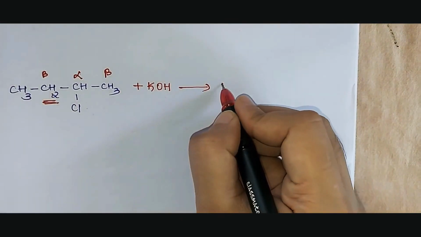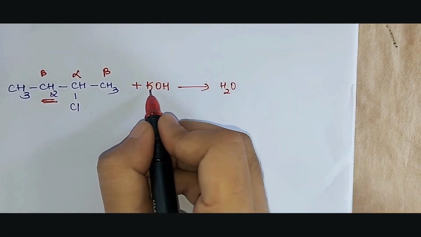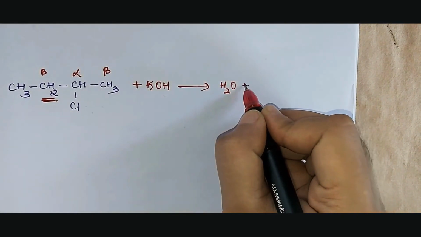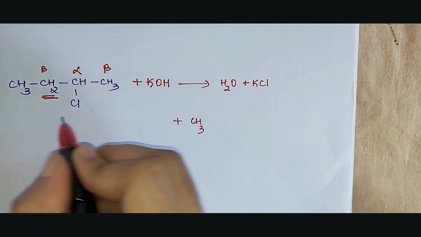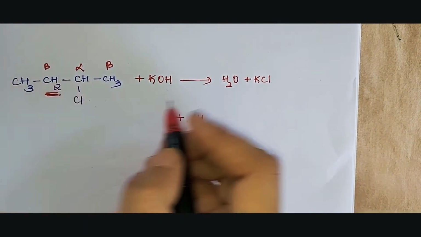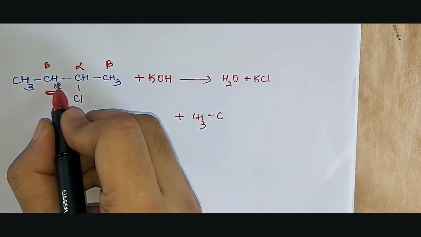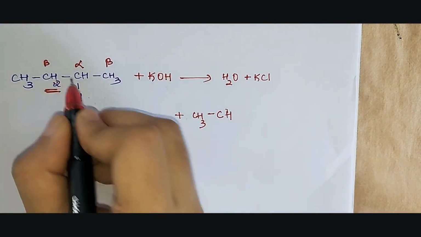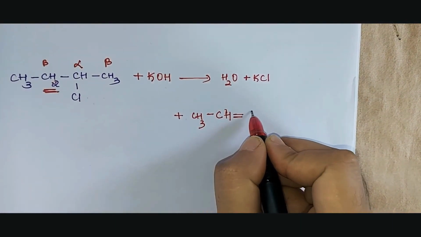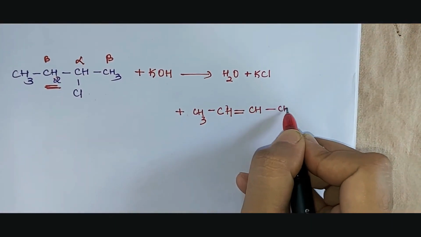H2O is eliminated, beta hydrogen is lost, Cl reacts with K, KCl is eliminated, and hence the product obtained will be CH3, CH, doubly bonded, CH, CH3. Why doubly bonded? Because the hydrogen gives its electron pair. Cl is eliminated. So this becomes your one product.